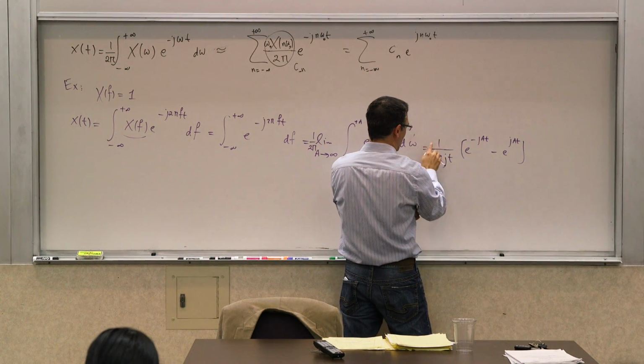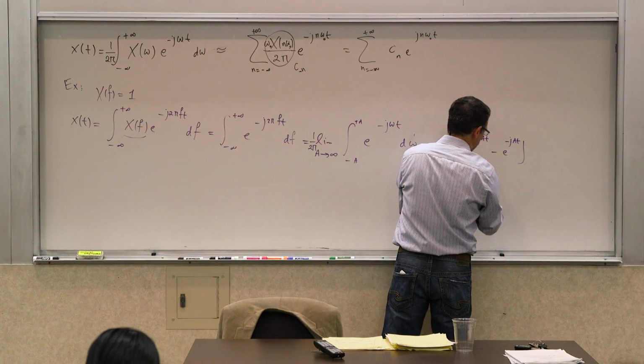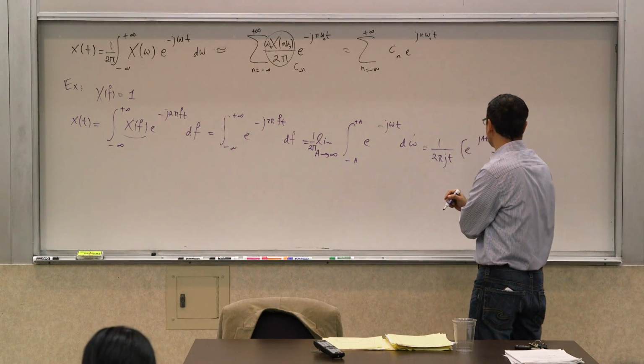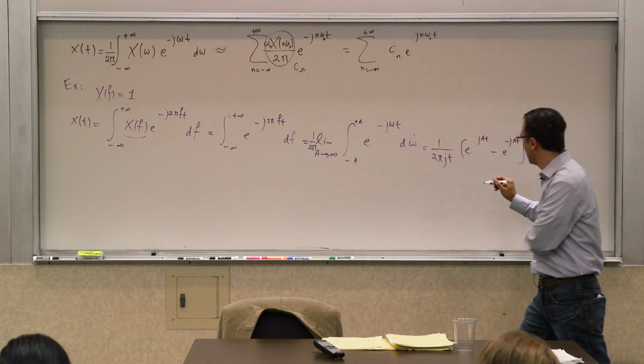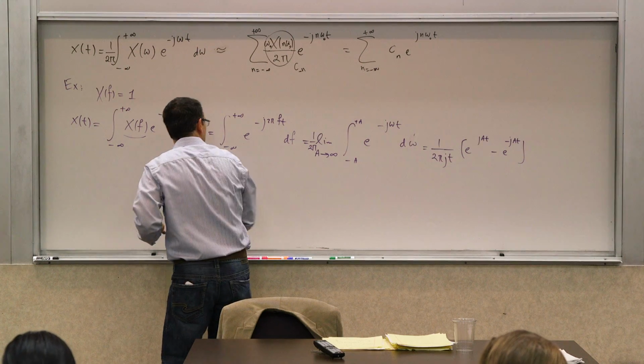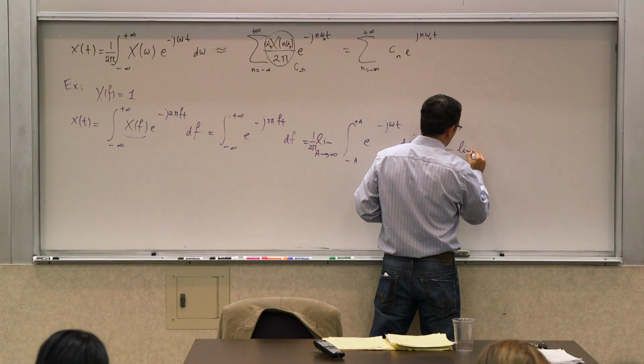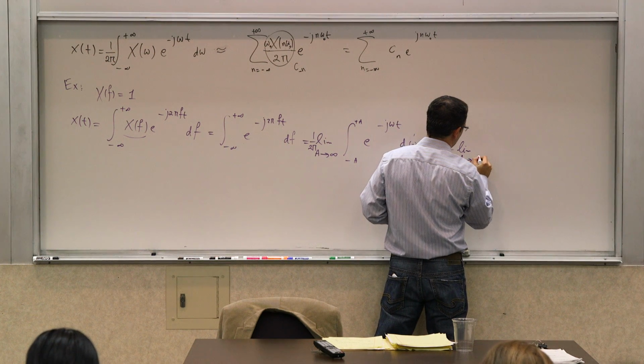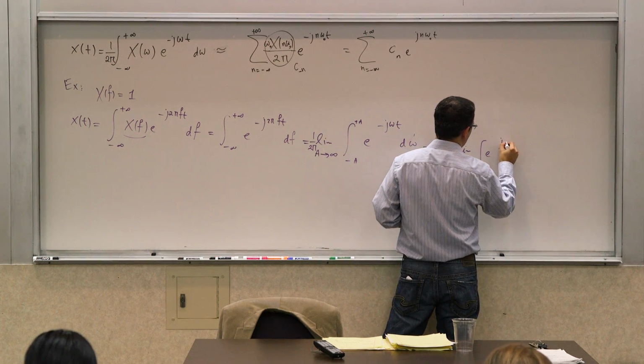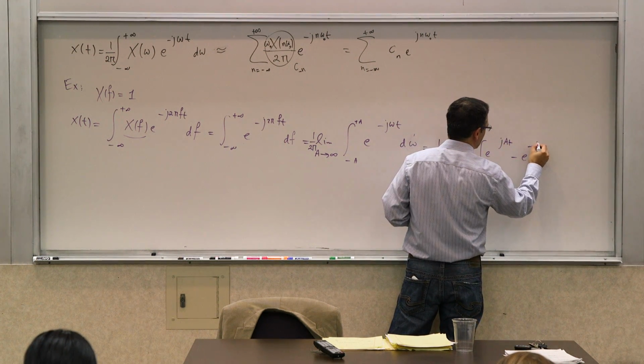Or I could absorb this minus sign and make this positive and this negative. So it's the limit of a going to infinity of e to the j a t minus e to the negative j a t.